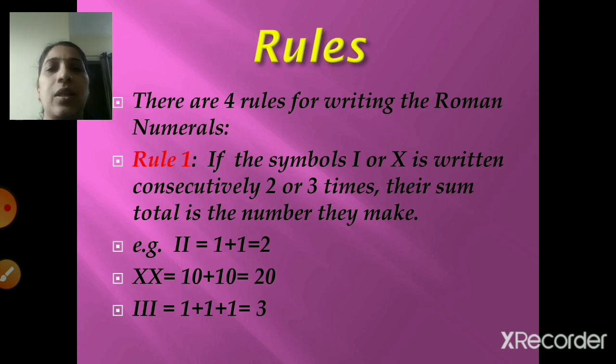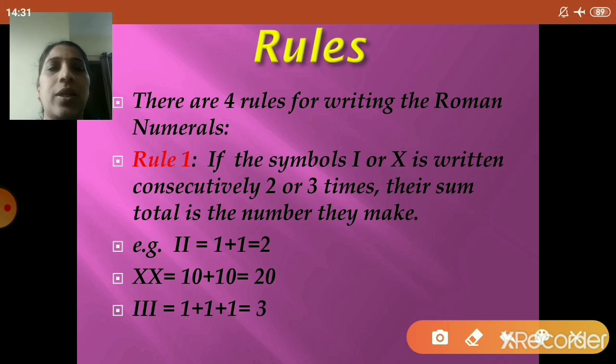Here you can see the symbol I, and immediately after it the same symbol has been repeated. Here the first symbol is X, and immediately the second symbol is X. This is called consecutively.